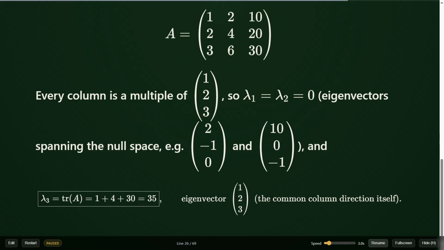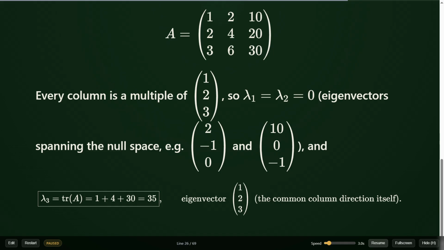Now, the trace of A is 35 and two eigenvalues are 0, 0. Therefore, of course, the third eigenvalue is going to be 35. Now, finding the eigenvector for the value 35 is again going to be simple. Look at this.